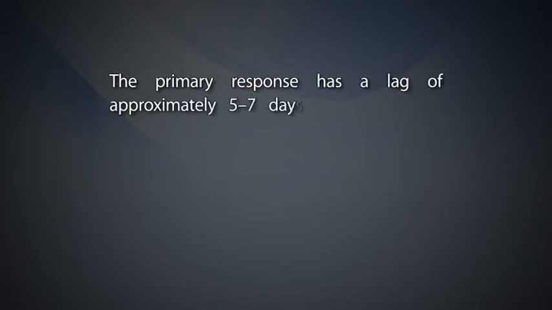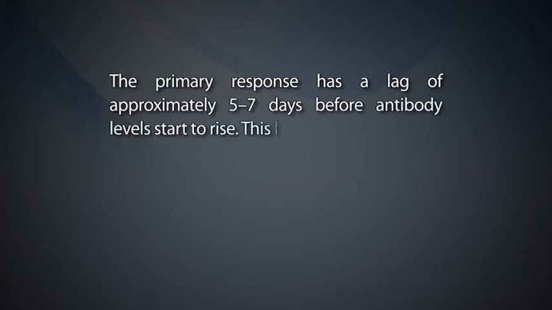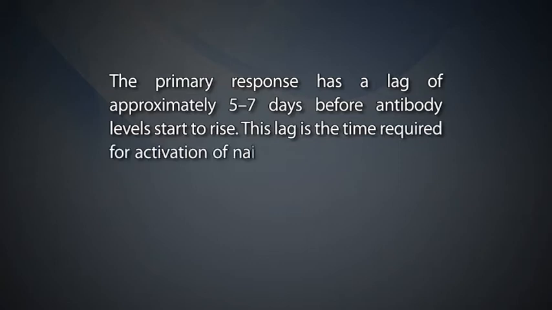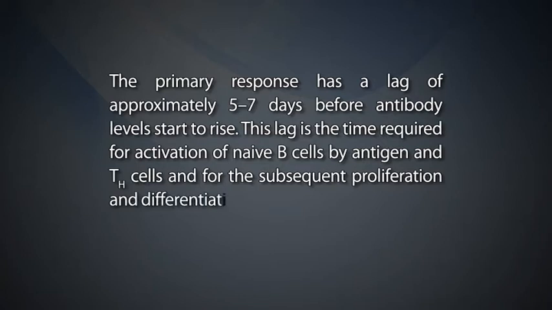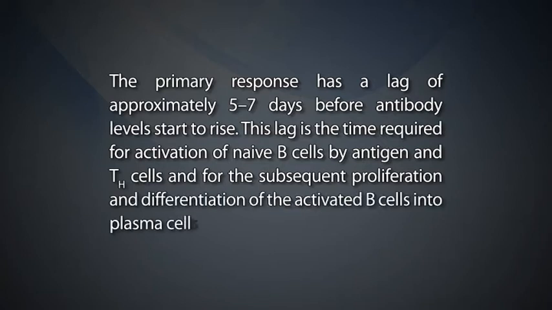The primary response has a lag of approximately 5 to 7 days before antibody level starts to rise. This lag is the time required for the activation of naive B cells by antigen and T helper cells and for the subsequent proliferation and differentiation of the activated B cells into plasma cells.